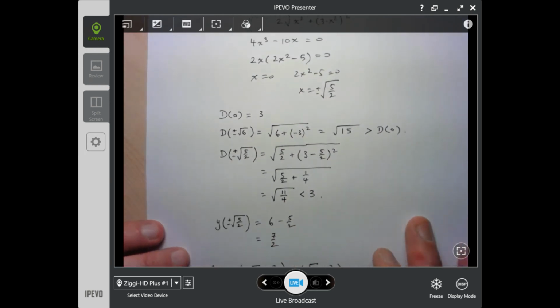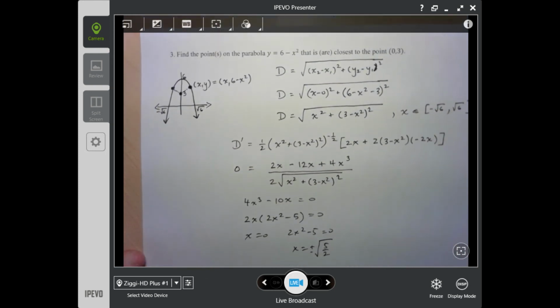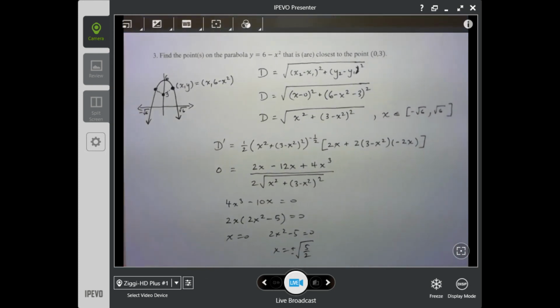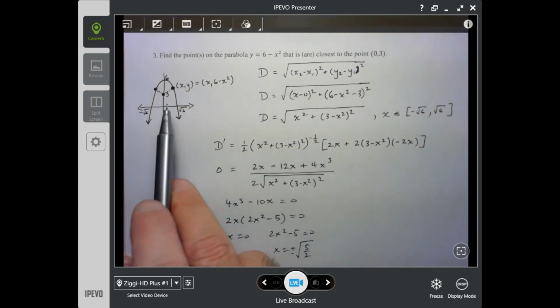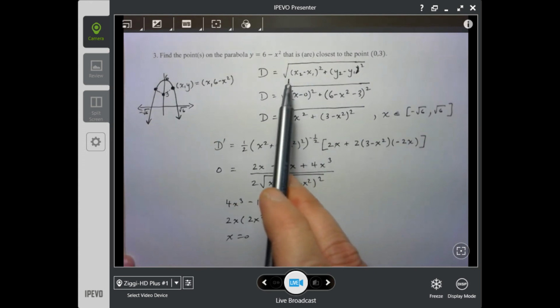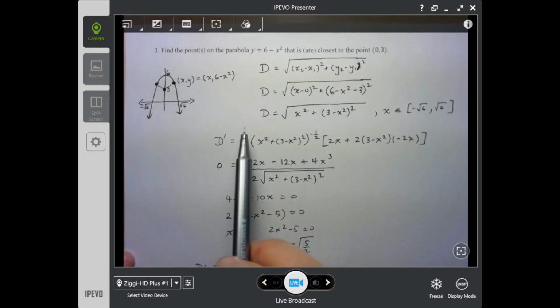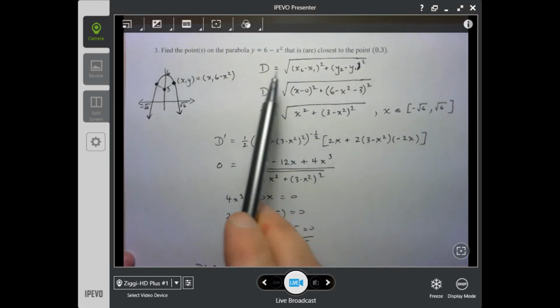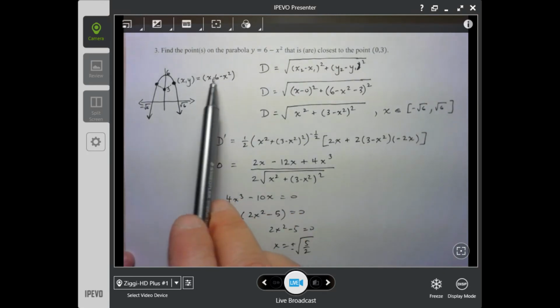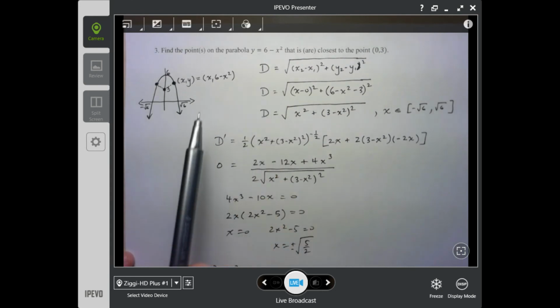So let's just recap, because we did kind of have to do a bit of everything in our algorithm here. So step number 1 was to come up with an equation for what we needed to minimize, which in this case here was the distance. Okay, we had to do a substitution by replacing the y value of that point with the expression given in the equation.